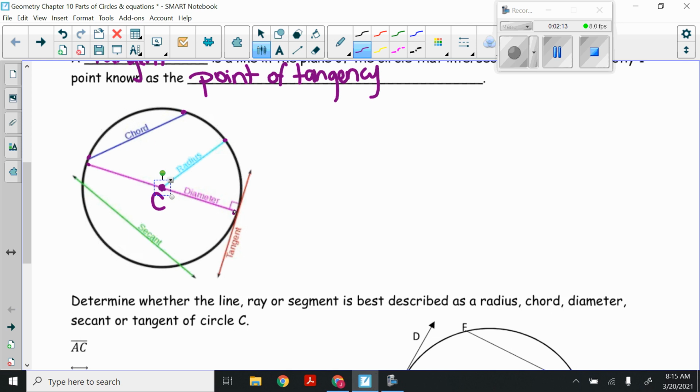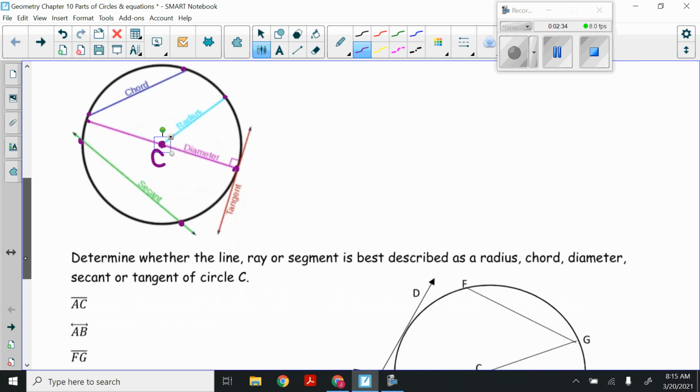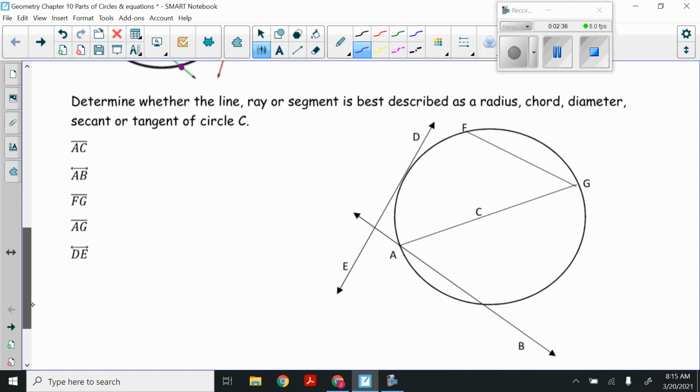A secant is always going to cross through your circle because it has to touch in exactly 2 places, so it's going to have to cross through the circle. The tangent line touches in only 1 spot, so it will never go inside the circle. It's always going to be on the outside, and that 1 spot where it touches is known as the point of tangency.